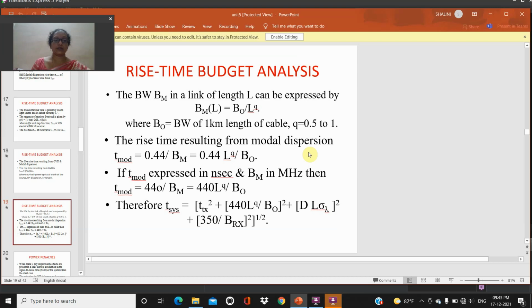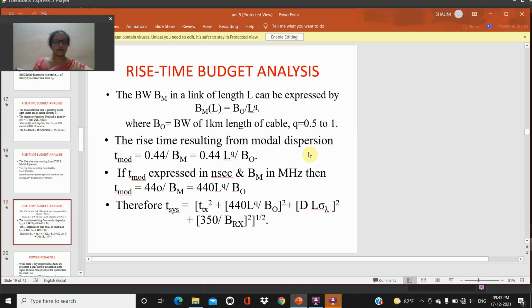If T mode is expressed in nanoseconds and Bm in megahertz, then T mode is equal to 440 by Bm, which is 440 L^q by B naught.